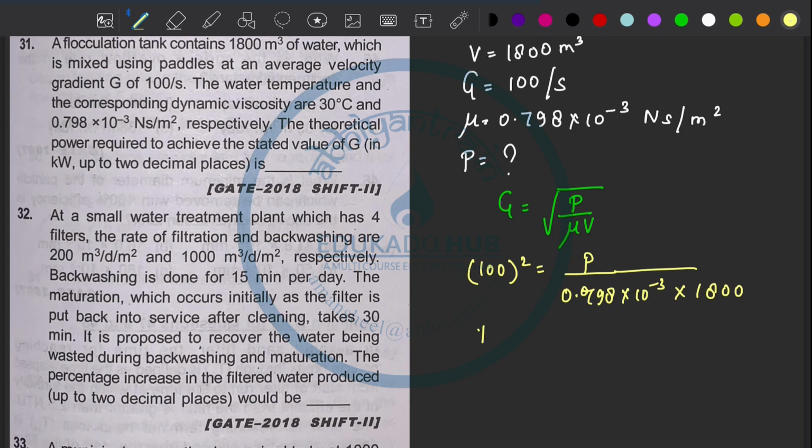So the power value comes out to be 10,000 into 10 to the power minus 3 into 0.798 into 1800.